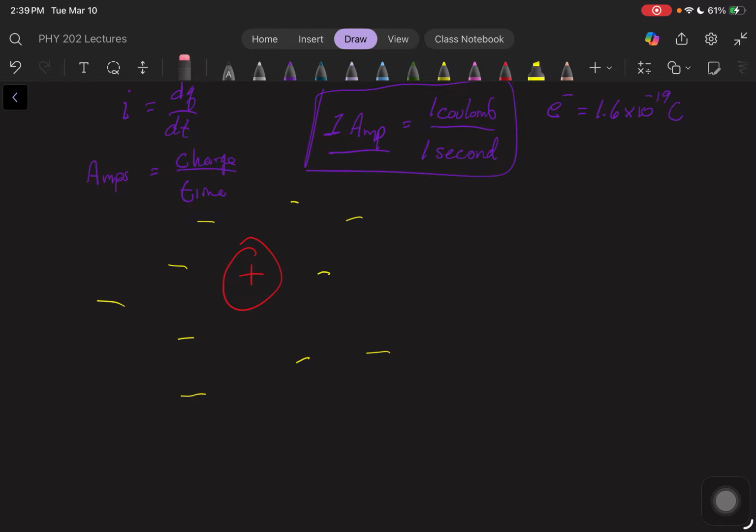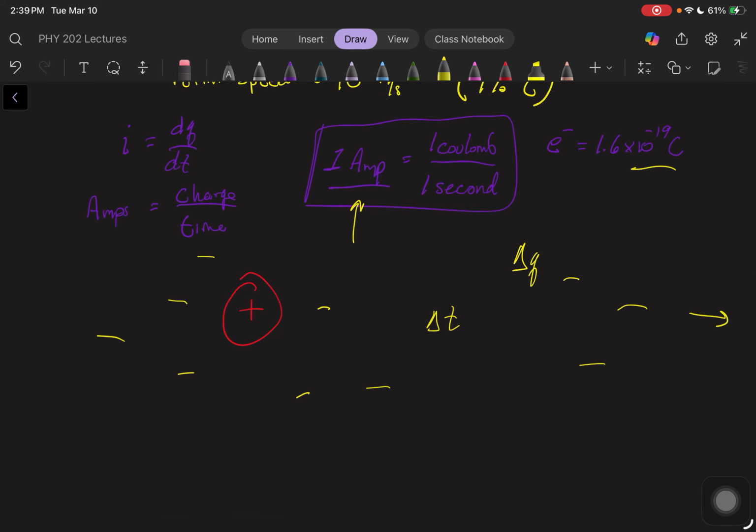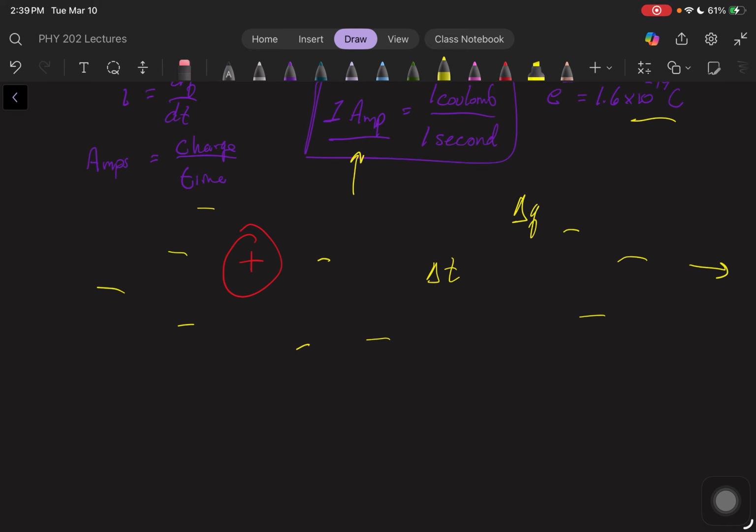And so if you start knocking off electrons, now maybe they're all shooting away this way, you could find delta Q and delta T and find a current in which you need to make sure charge is still quantized, right? It has to be a certain amount of electrons per second. But when you're dealing with quantities this big, you're dealing with 10 to the 19-ish electrons, and so 1 doesn't really matter. Okay.